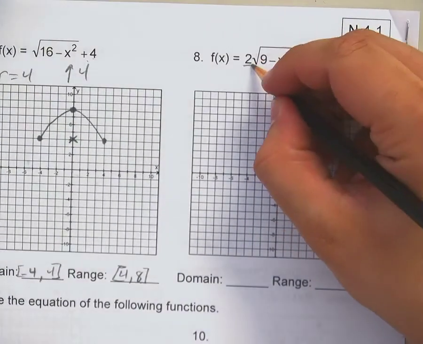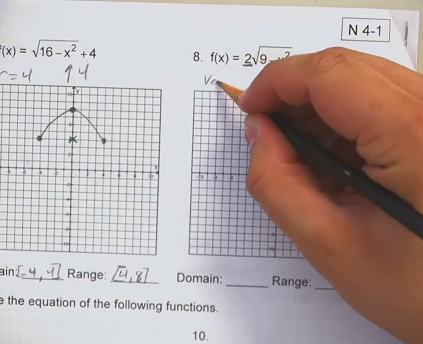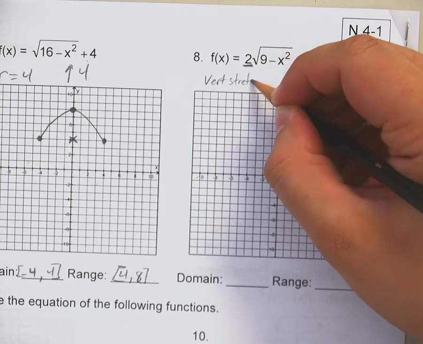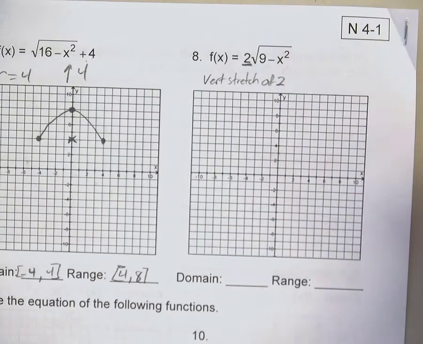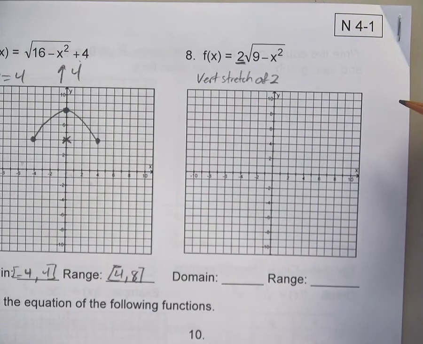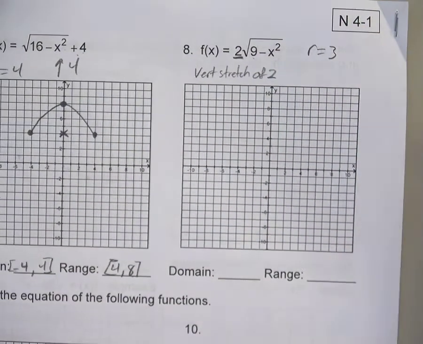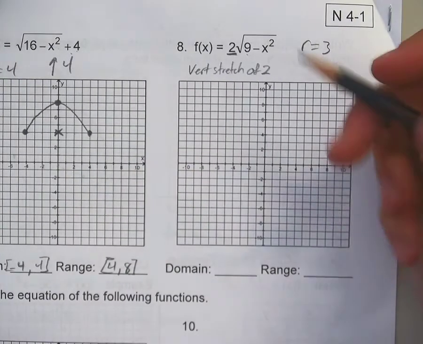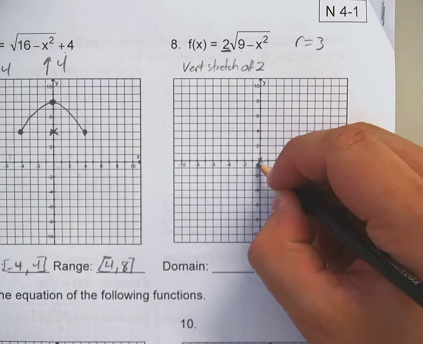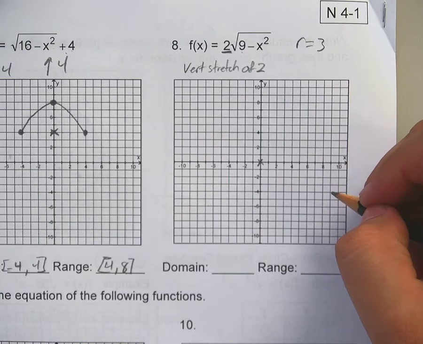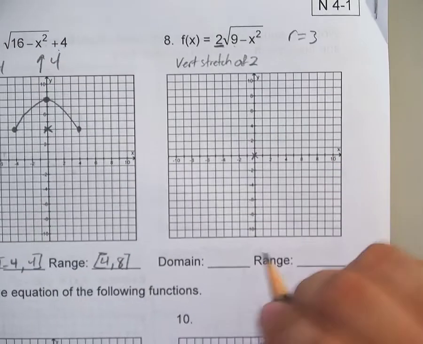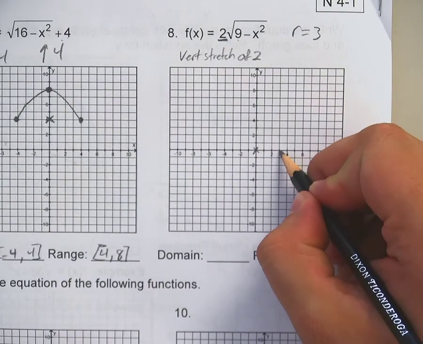Number 9, this 2 right here, it's a vertical stretch of 2. My radius is 3. And it looks like that's all the information they give me. So my center then is going to be 0, 0. Now this one's a little bit different because my radius is 3.